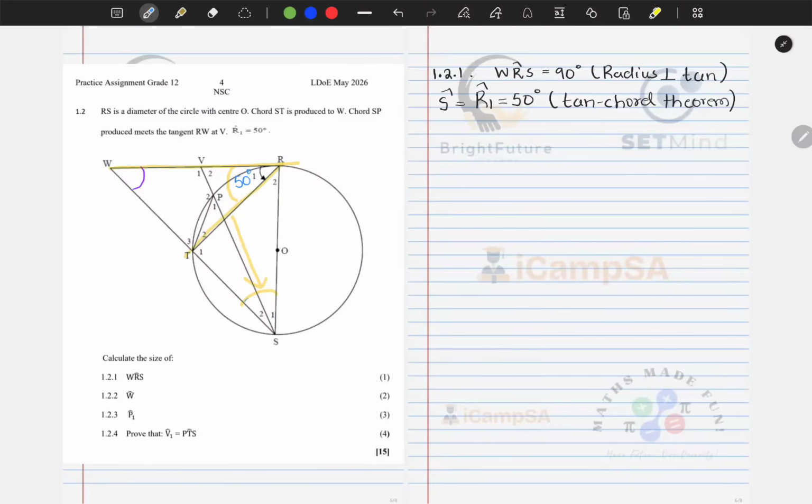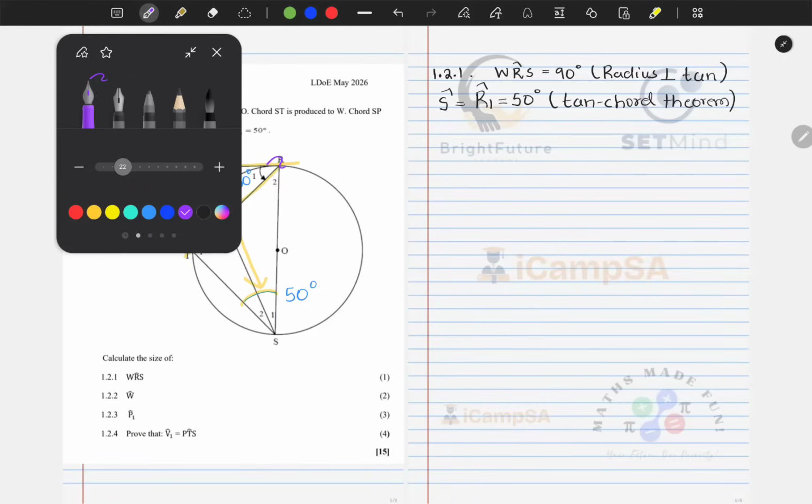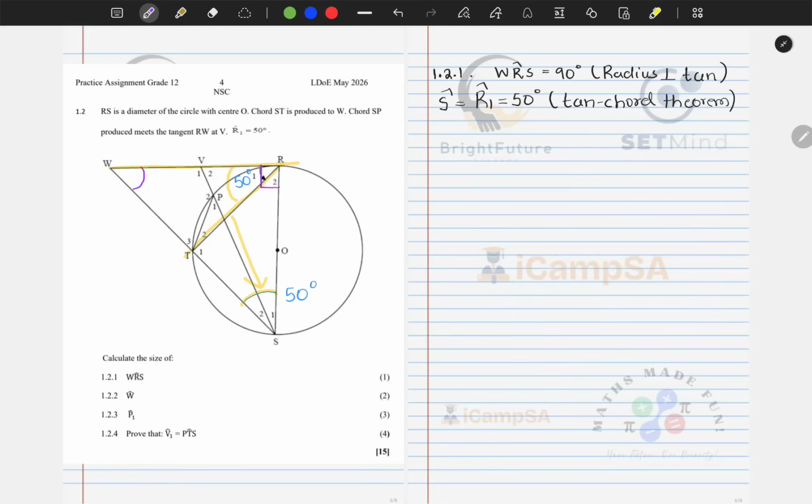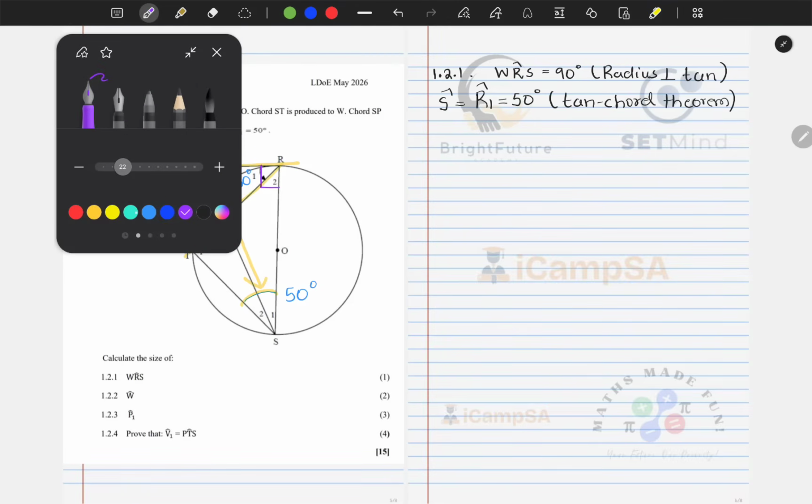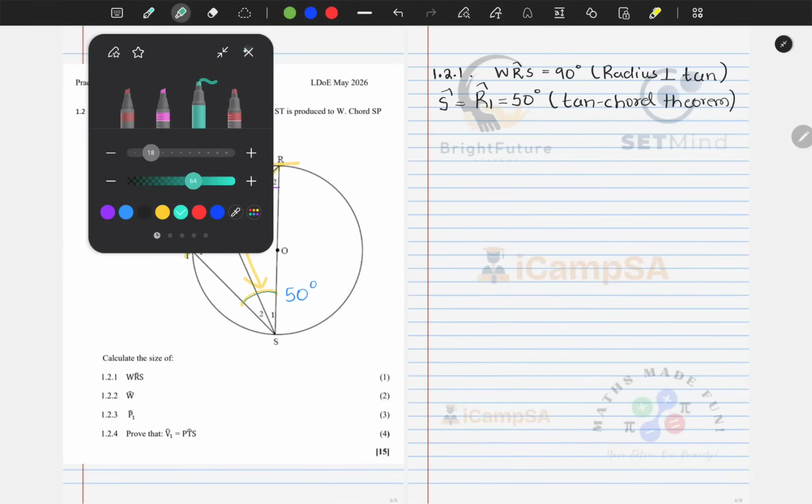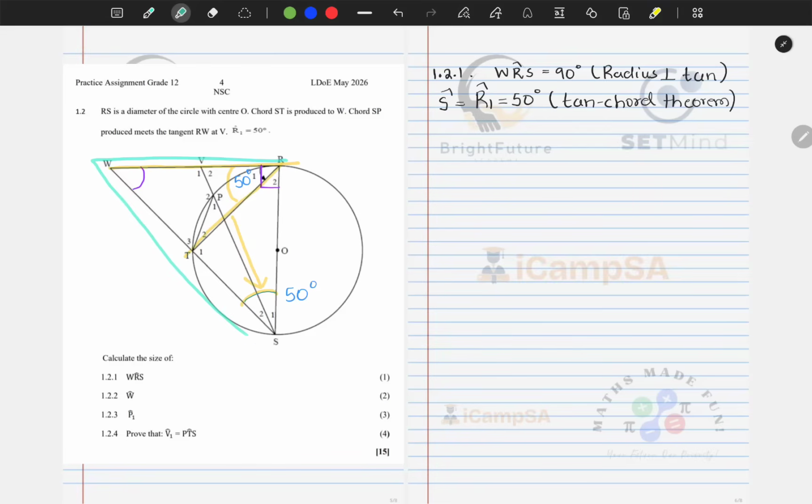Now, if you think carefully, if you now have this as 50 degrees and you have that entire angle is 90 degrees, then figuring out W should be very easy, because now you're looking at the bigger triangle, which is this triangle here. So what you should be able to see is that angle W plus angle WRS plus angle S should be 180 degrees.